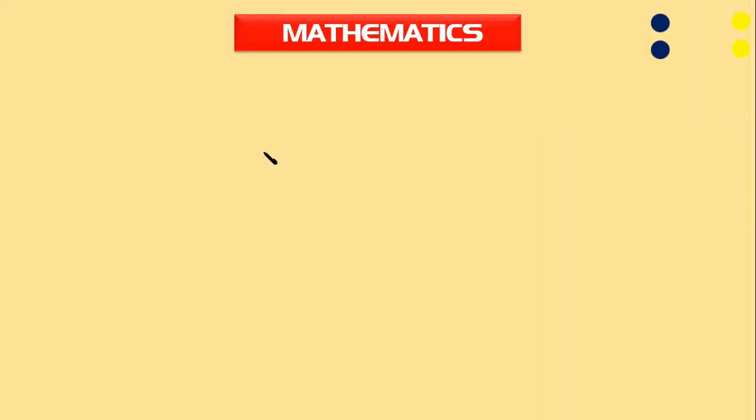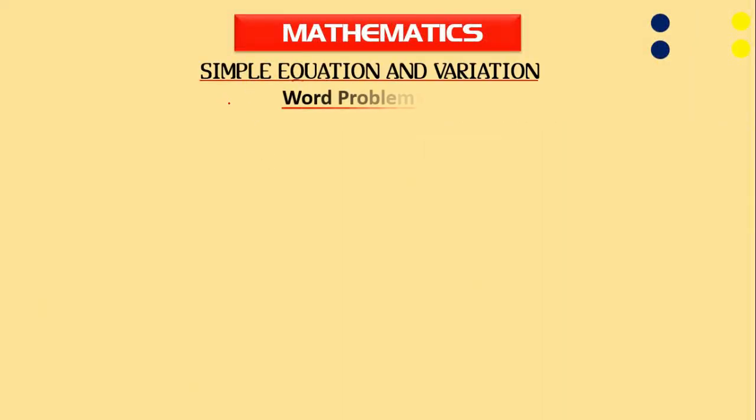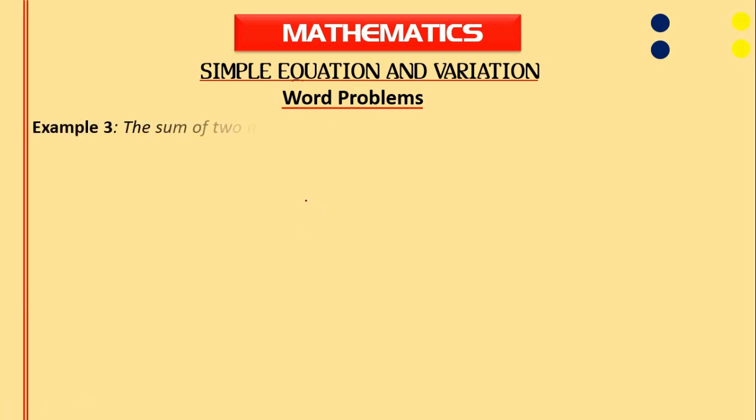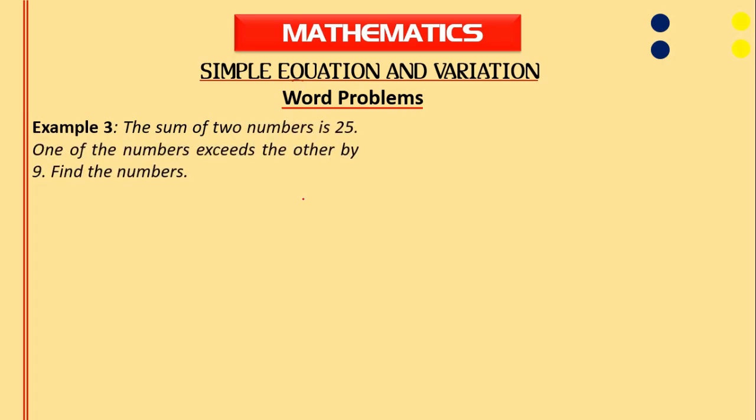Now, let's take a look at problems involving simple equations. Okay, so from what we have there, the sum of two numbers is 25. One of the numbers exceeds the other by 9. Find the numbers.